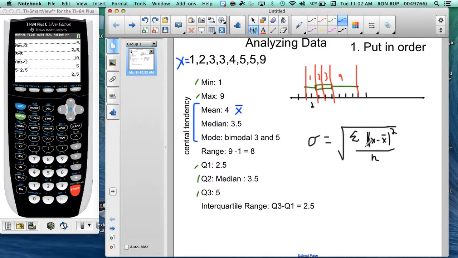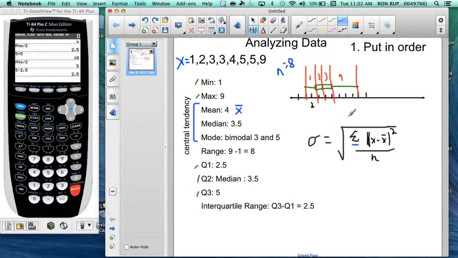So I'm just going to take, and this stands for the sum, my value minus my mean, value minus my mean, value minus my mean for all of my values, and add that together, square it, or I'm going to do value minus the mean squared, add all those results together, and divide it by the total number of results. So 1, 2, 3, 4, 5, 6, 7, 8. N equals 8. There are 8 terms in my set of data.